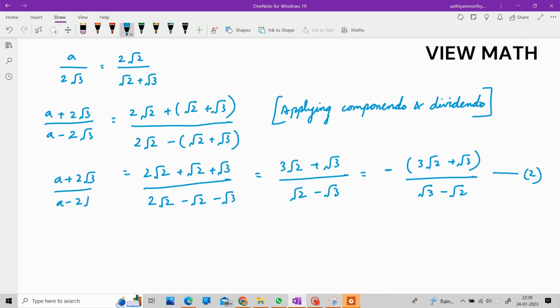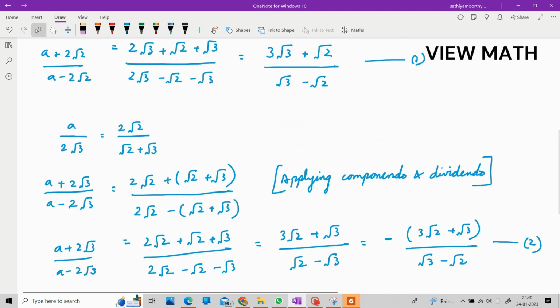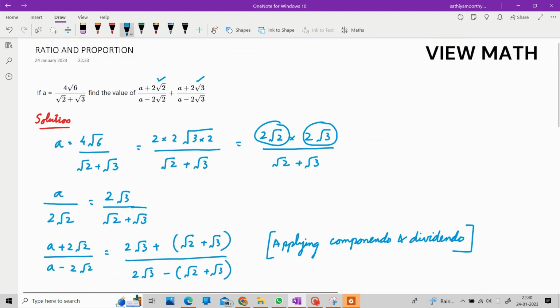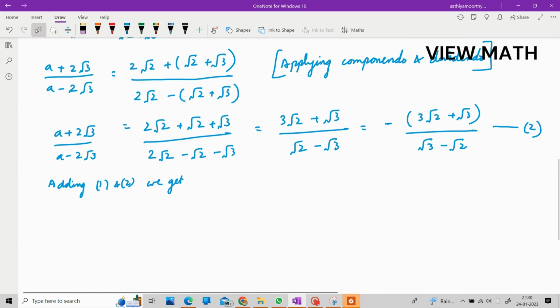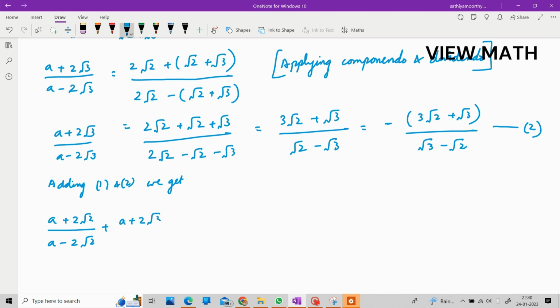So in the question they are asking us to find out, I have to see whether it is addition or subtraction. Now here it is addition, so I am going to add 1 and 2. Adding 1 and 2, I will be getting a plus 2 root 2 by a minus 2 root 2 plus a plus 2 root 3 by a minus 2 root 3.